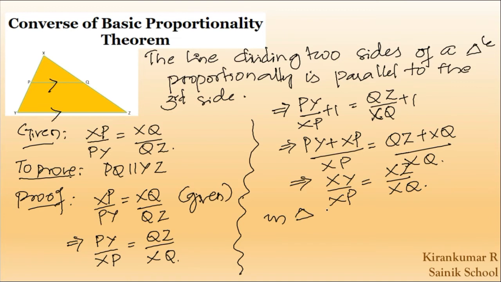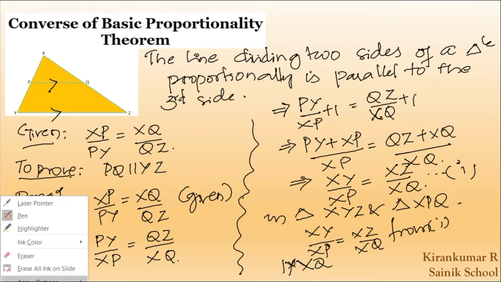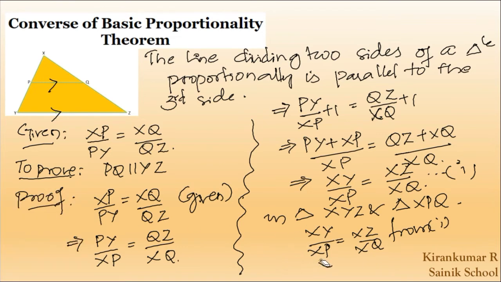Now in triangle XYZ and triangle XPQ, we have XY by XP equal to XZ by XQ. This is from 1. And angle YXZ equal to angle PXQ.